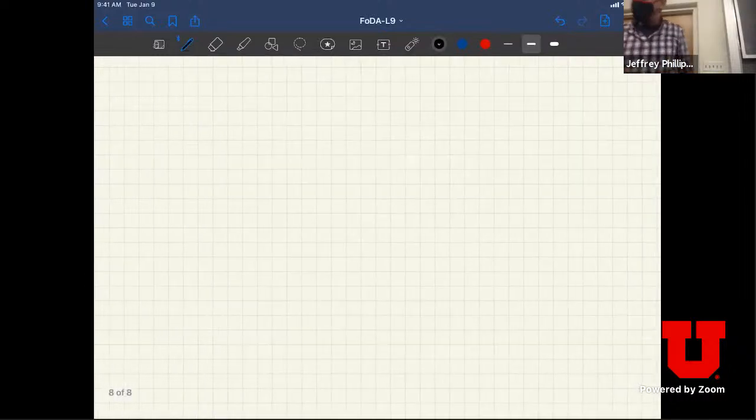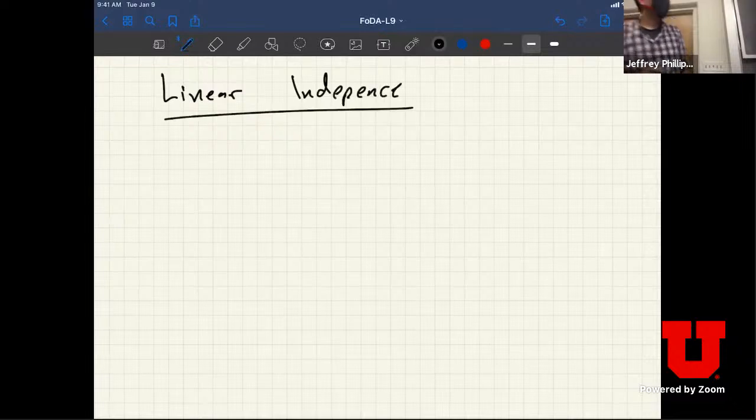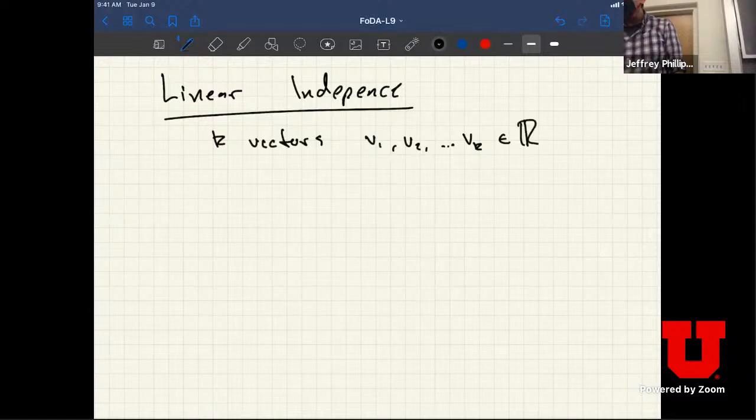Okay, great. Before we get to Python, I want to talk about another really important concept, linear independence. So let's think I've got k vectors now, v1, v2, up to vk, and these are all in R^d.